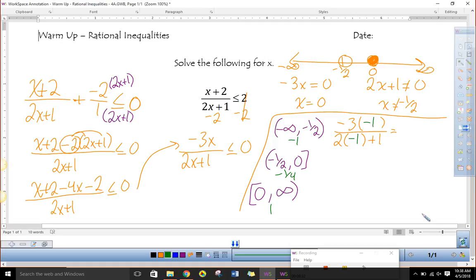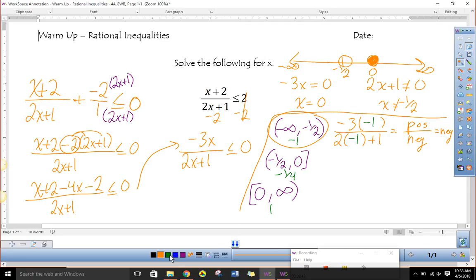Okay. So the top of this guy here, am I going to end up with a positive or a negative number? It's going to be positive, right? Negative times a negative. And then -2 times -1 plus a 1. The bottom will end up being negative. So if I have a positive divided by a negative, you end up with a negative. So is that good, bad, or other? It's good. This is part of our answer.